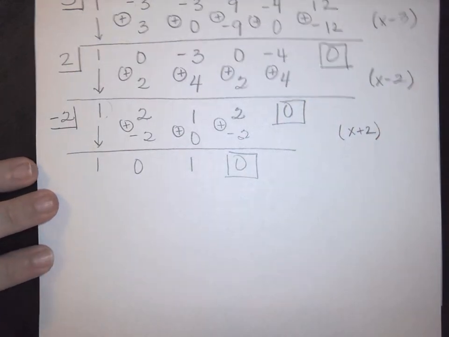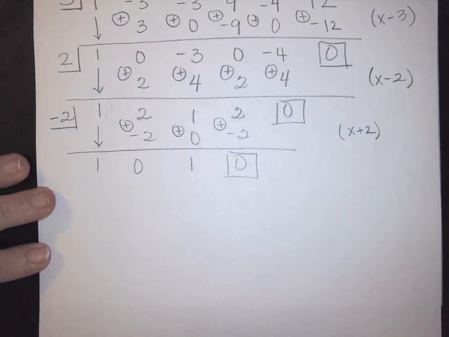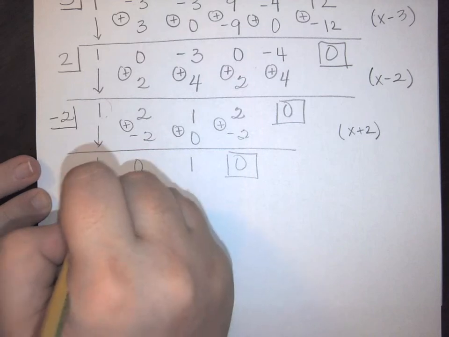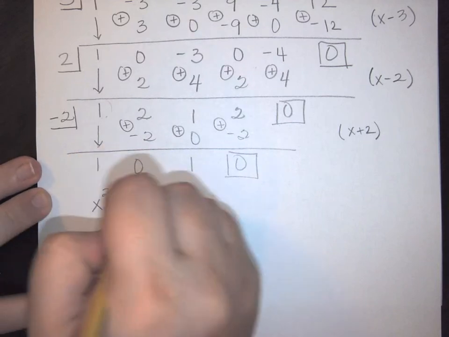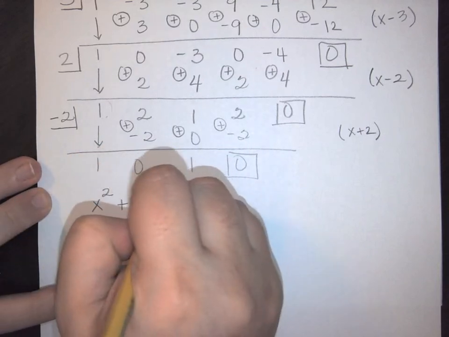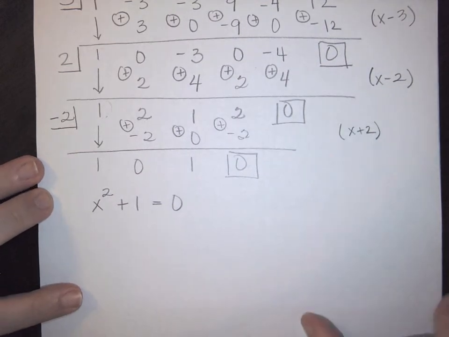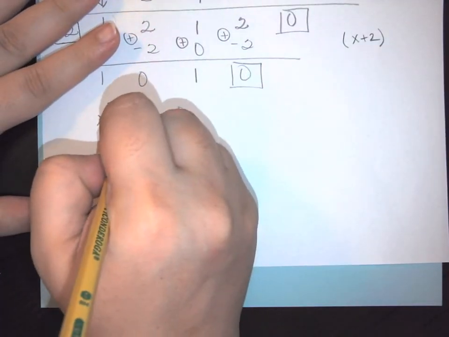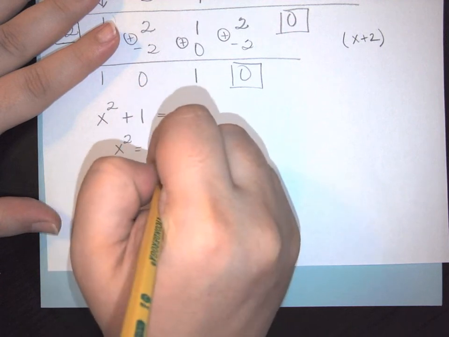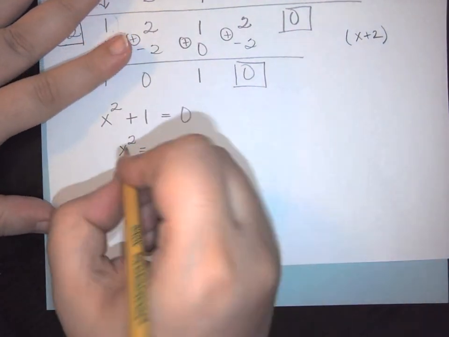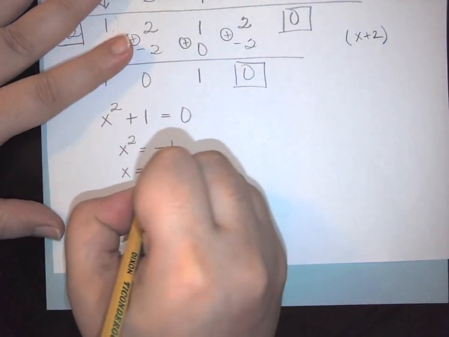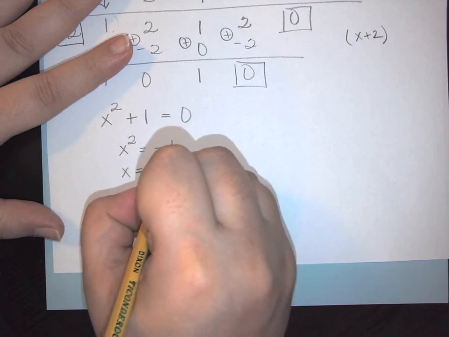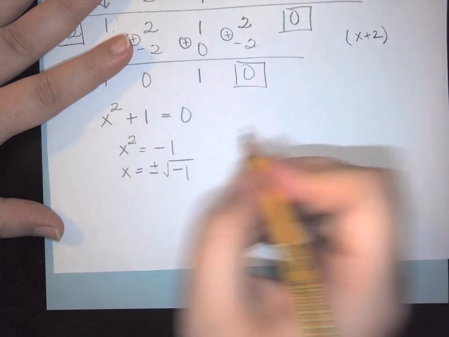So this is the fun part. So here I actually now have x squared plus 1 equals 0. So I need to solve. So I get that x squared is equal to negative 1. So I get that x is equal to plus or minus the square root of negative 1.